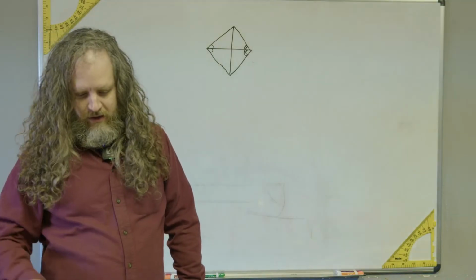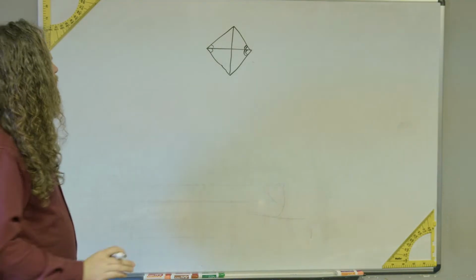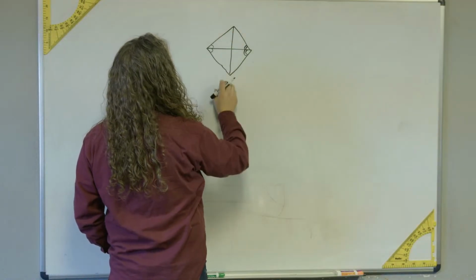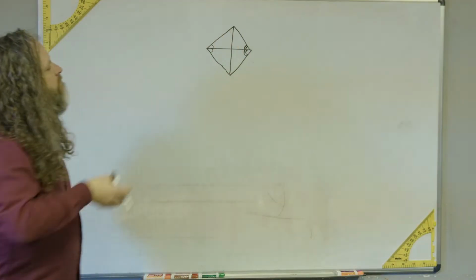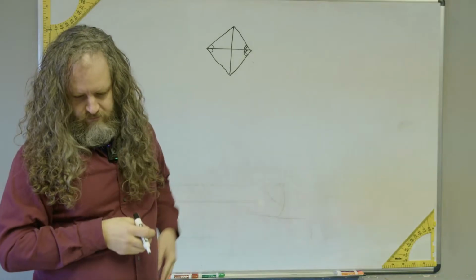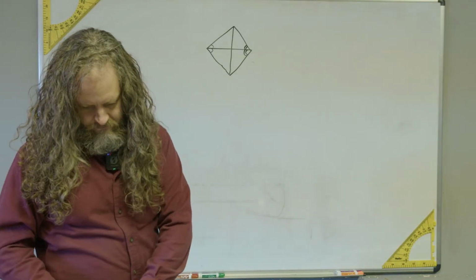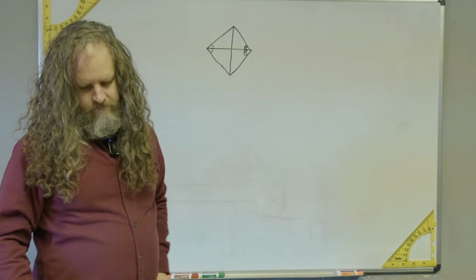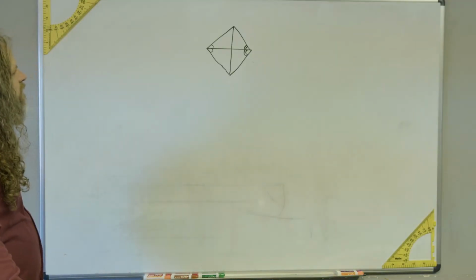Then the parallelogram is a rhombus. So you don't have to get all of the groups for it to be a rhombus.